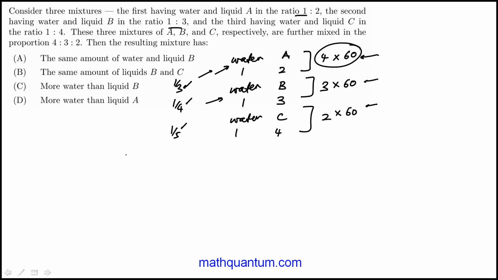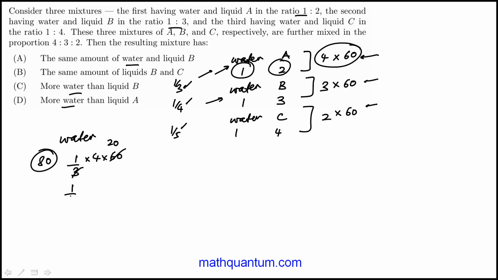For this particular setup, I can figure out the amount of water and all these different liquids. Because water appears in all 3 mixtures, I'll start with that. Water would be 1/3, because the total is 3 and 1/3 is water. Water would be 1/3 of 4 times 60, and that component is 80. For the second mixture, it would be 1/4, because the total is 4: 1/4 of 3 times 60, which is 45.